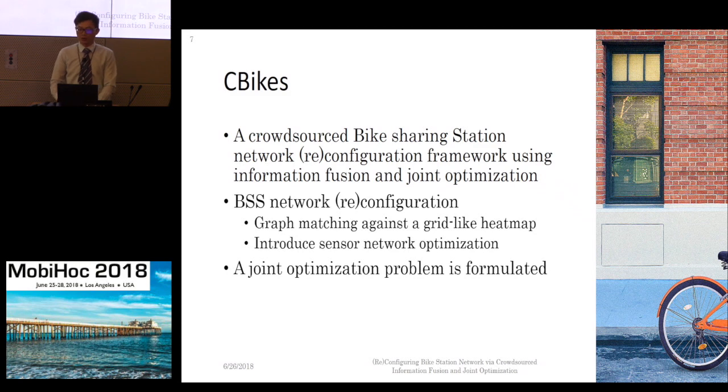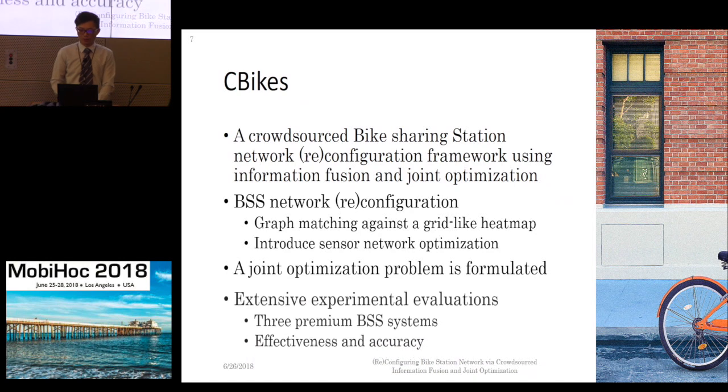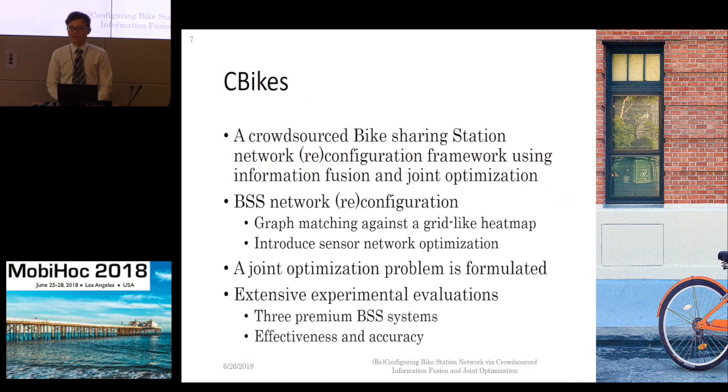Against this heat map, we consider the BSS network reconfiguration as a graph matching problem and introduce the sensor network optimization approach to determine the station location and the dock size. We have conducted extensive data studies and experimental evaluations over 3 premium BSS systems in the United States to validate the effectiveness and accuracy of CBytes.